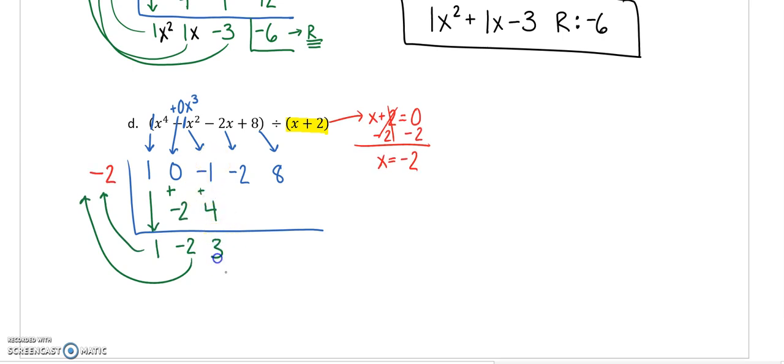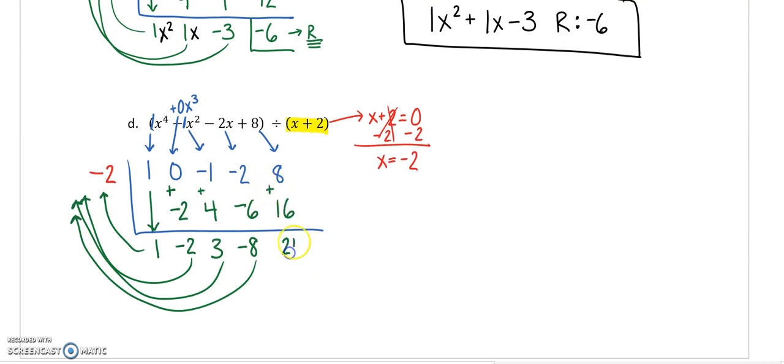And don't forget, it is completely okay to use your calculator here to help you multiply and add, because we don't want you to make a mistake, because one mistake can really mess up the entire problem. Okay, negative 8, that's 16, add, that's 24. Okay, let's just double check that we did everything right.